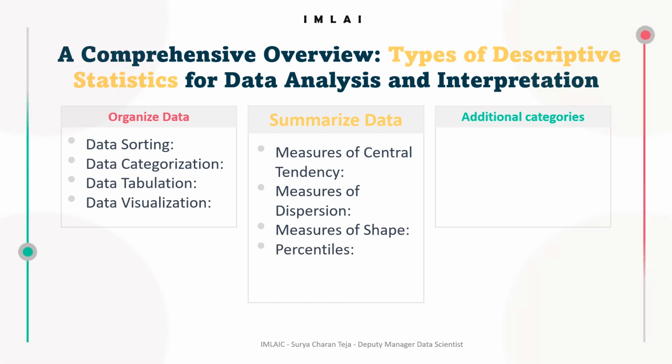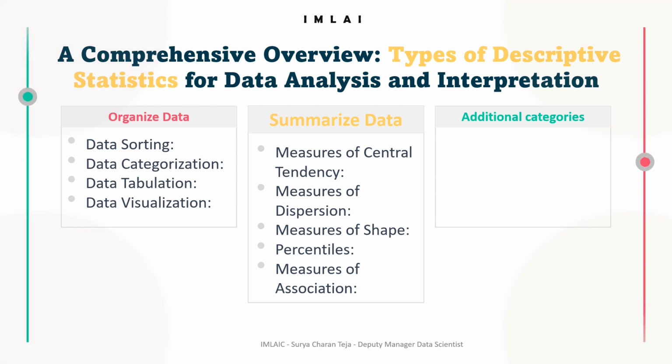Then percentiles. Percentiles again are calculating the statistics that represent the relative position of a data point within a data set, such as quartiles, deciles, and percentiles. And the final one, last but not least, that is measures of association.